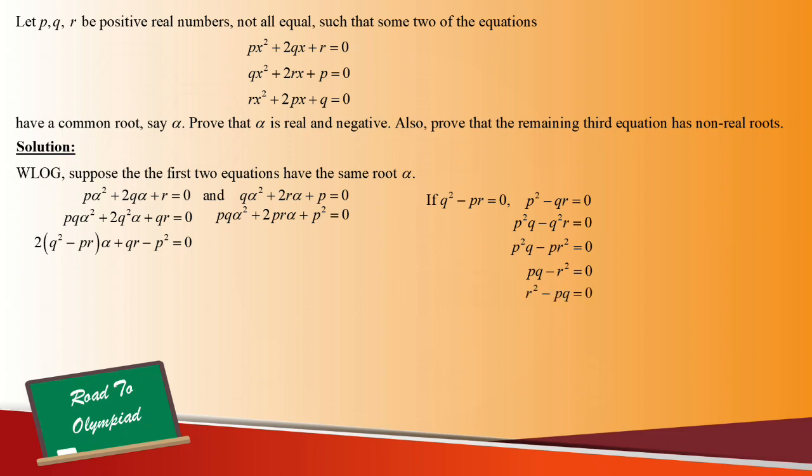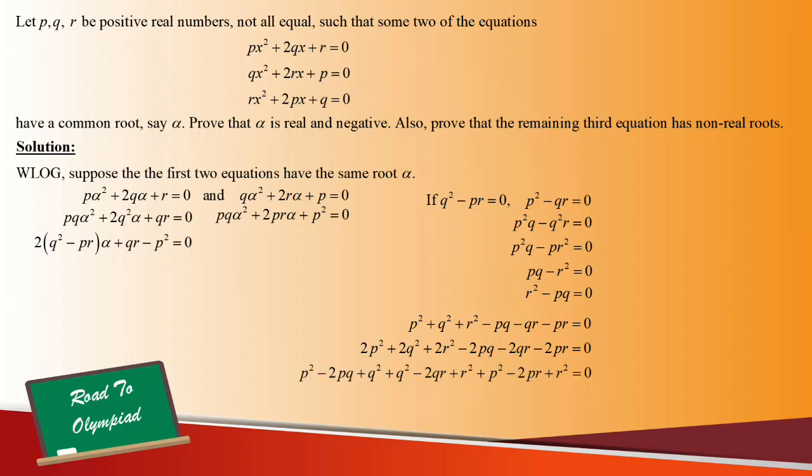Adding the three equations involving p squared, q squared, and r squared, we have p squared plus q squared plus r squared minus pq minus qr minus pr is equal to 0. We can multiply the entire equation by 2 and rewrite it this way. So we can factorize each part of them into this one.